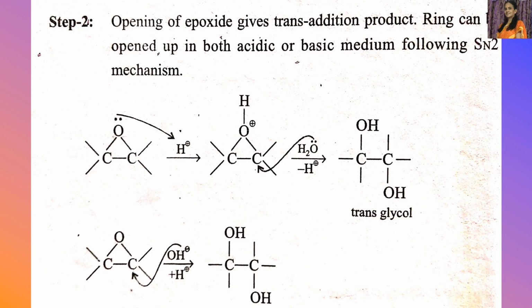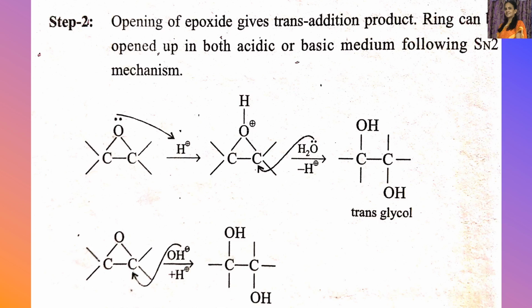So water goes and attacks one of the carbon atoms from the back side, because on one side the ring is there. Then this carbon is attacked from the back side, and this bond breaks, and the OH2 on this carbon and another OH from H2O on this carbon are formed.